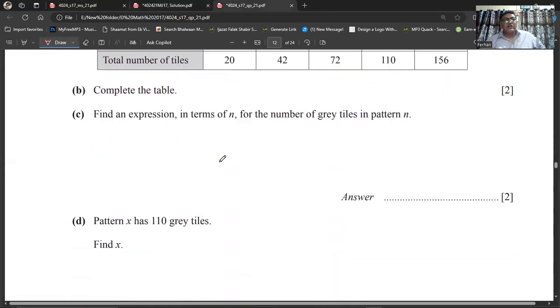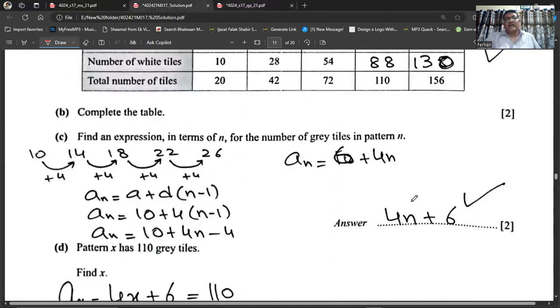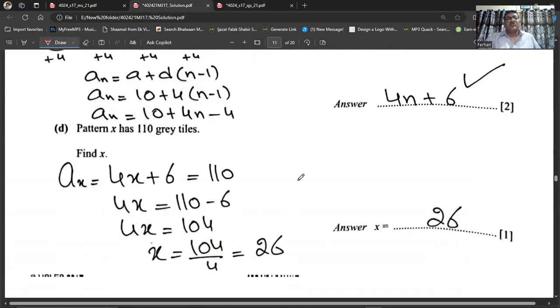Then their question is, pattern X has 110 gray tiles. Find the X. So I know the nth term for the gray tiles, 4n plus 6. So if the pattern is X, it will be 4x plus 6, and the number of gray tiles is 110.